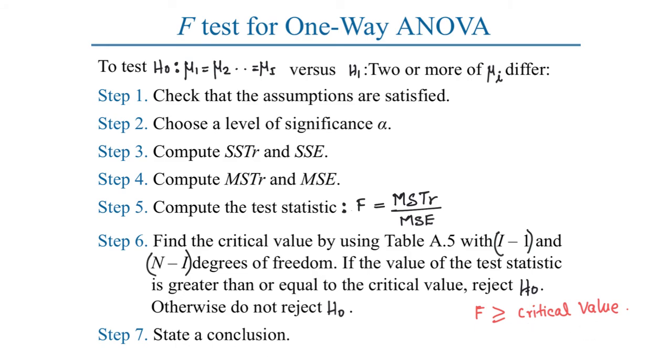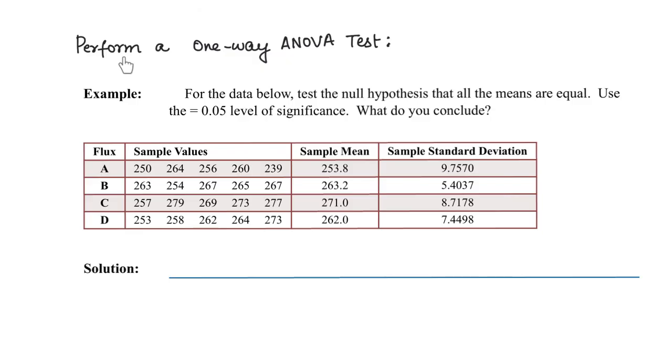Then state a conclusion. We need to perform a one-way ANOVA test for the data given below. Test the null hypothesis that all the means are equal, use alpha equal to 0.05 level of significance, and conclude.